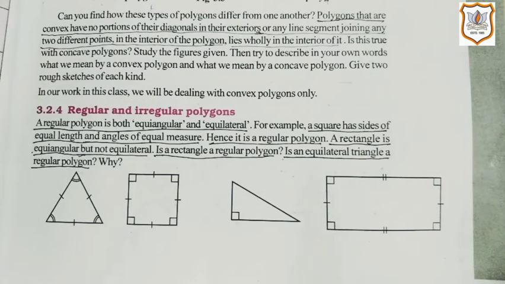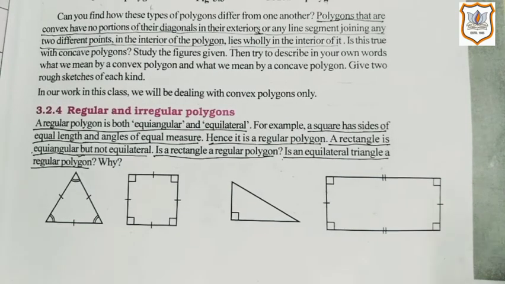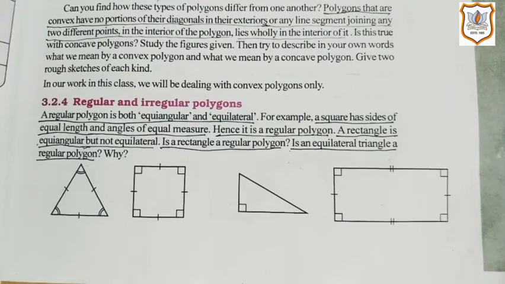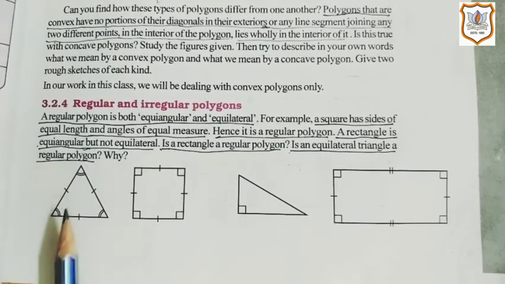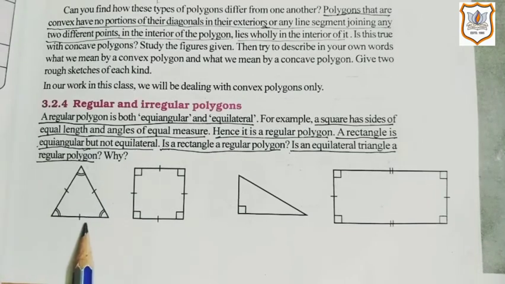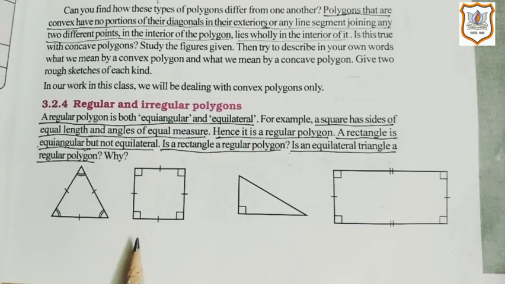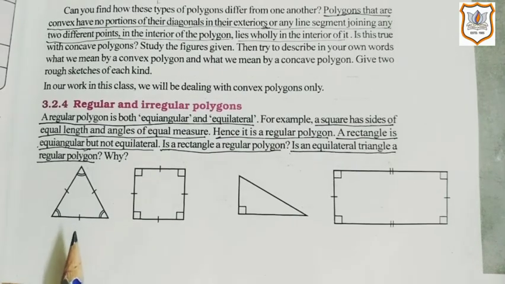A rectangle and a rhombus are examples of irregular polygons. Clear?